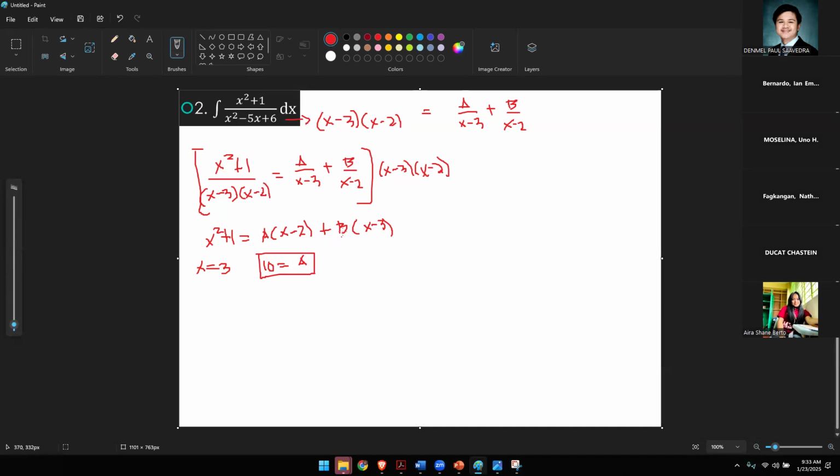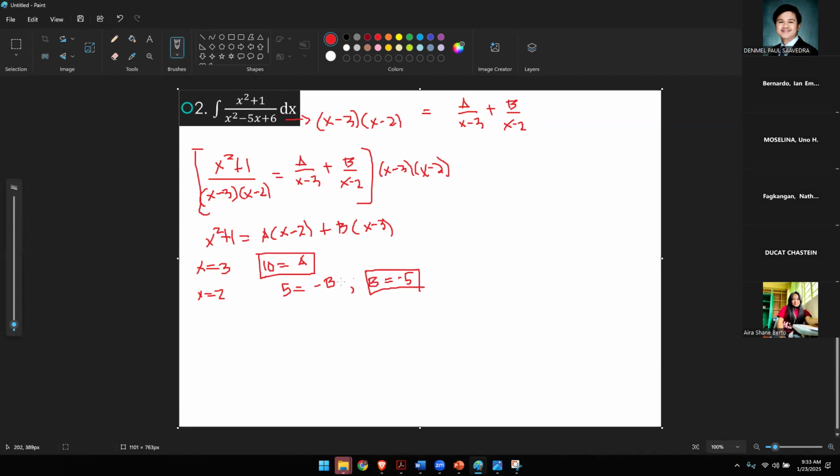For the second one, for us to be able to get the value of b, make this one 0 by having a value of 2. So 2 squared is 4 plus 1 is 5. And then, of course, here 2 minus 2 is 0. 0 times a is 0. For this one, 2 minus 3 is negative 1. So negative 1 times b is negative b. Of course, you can still transform this into b is equal to negative 5 by multiplying negative 1 to both equations, left and right.